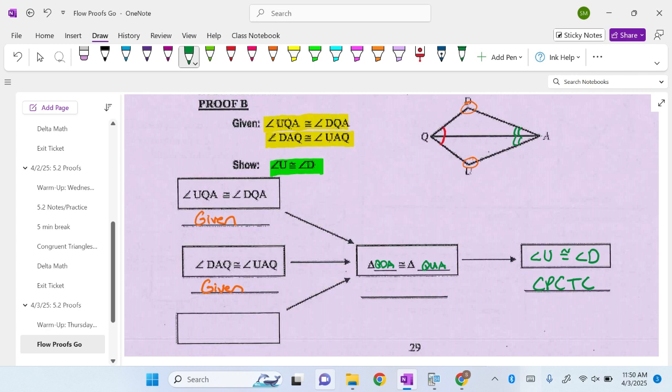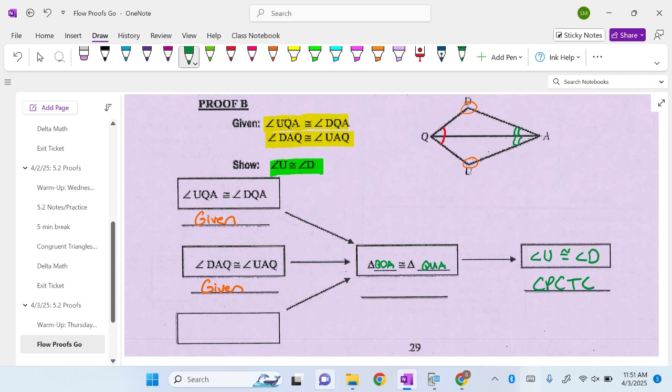We're trying to prove that triangle QDA, so the top triangle, is congruent to the bottom triangle. But we don't know how yet. So look at our triangles. What would probably be the easiest piece to prove that it's congruent? What side or angle specifically would be the easiest to prove?